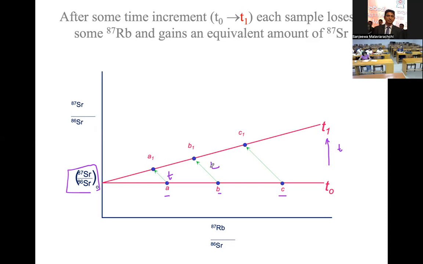From rock B, after t period of time, you must have a ratio of say B1. And for rock C, you must have a ratio of C1. Always remember these are the present-day measured values of strontium and rubidium isotopes.